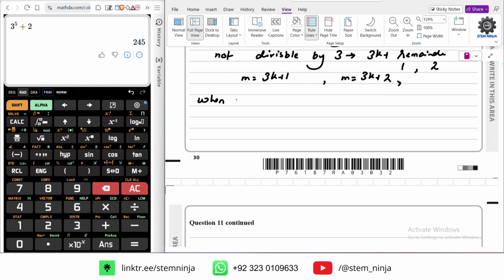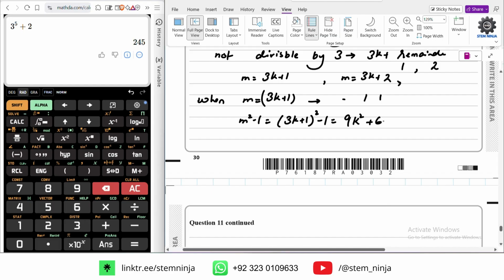When m is equal to 3k plus 1, then m squared minus 1 is (3k plus 1) whole squared minus 1. So this would be 9k squared plus 6k plus 1 minus 1. So this leads to 9k squared plus 6k, because the 1s cancel out.